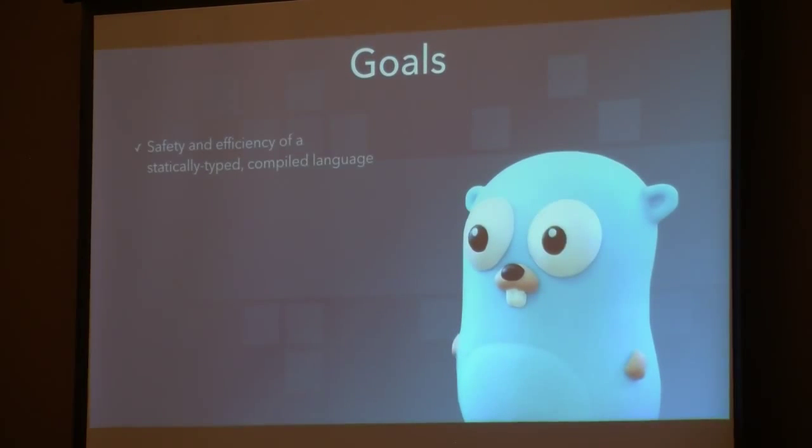So goals: safety and efficiency of a statically typed compiled language, productivity and feel of a dynamic interpreted language, or have my cake and eat it too is what we wanted. Plus, a systems programming language that's built for modern compute environments. So when was the last systems programming language actually created?